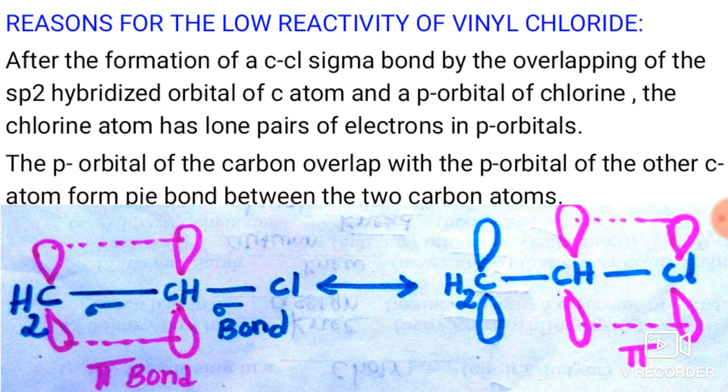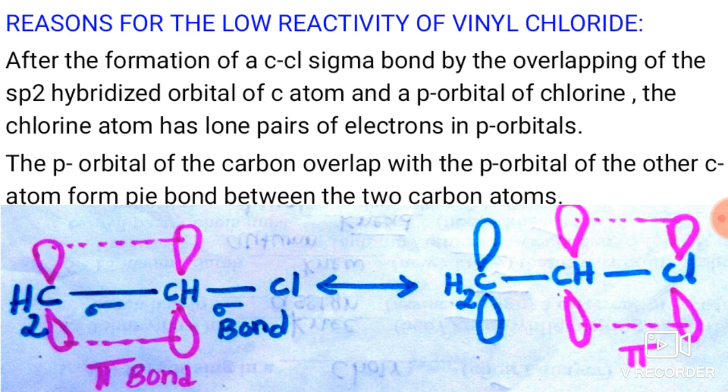Reasons for the low reactivity of vinyl chloride. After the formation of a carbon-chlorine sigma bond by the overlapping of an sp2 hybridized orbital of the carbon atom and a p orbital of the chlorine atom, the chlorine atom has a lone pair of electrons in the p orbital.